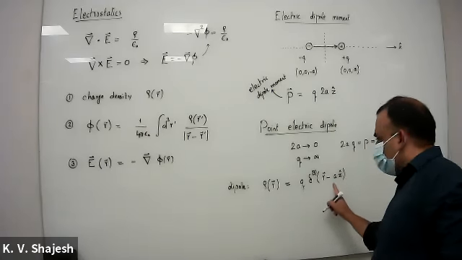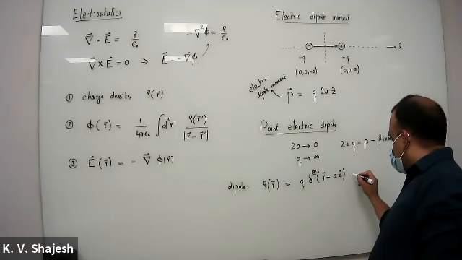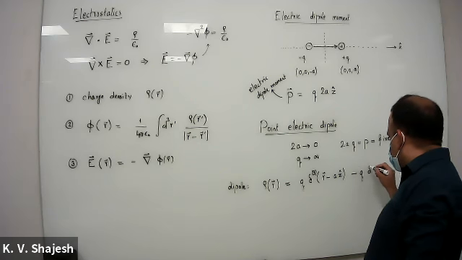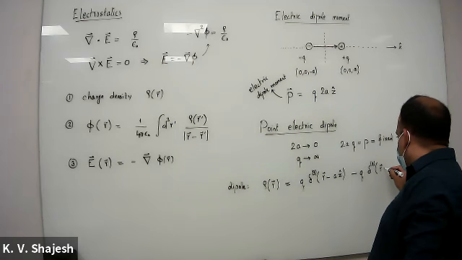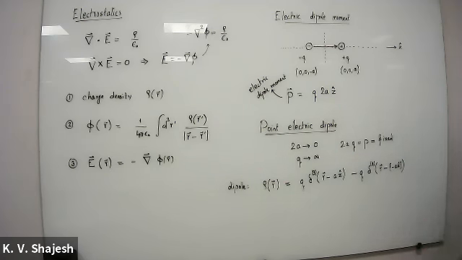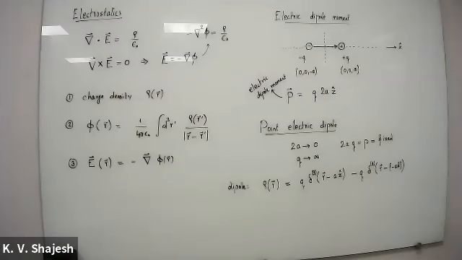That's the position of the charge. And there is another charge which is negatively charged, and that is placed at minus a z hat. Its position is minus a z hat, so that will make it plus.